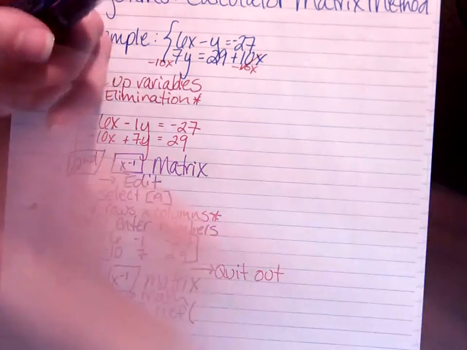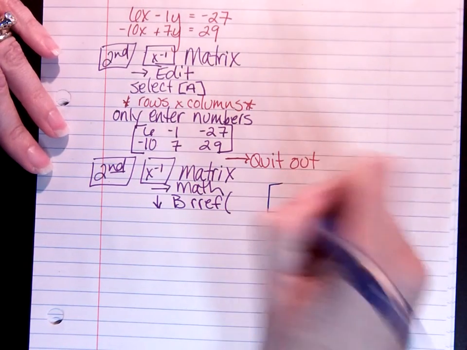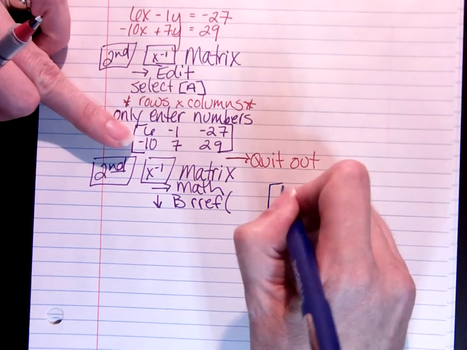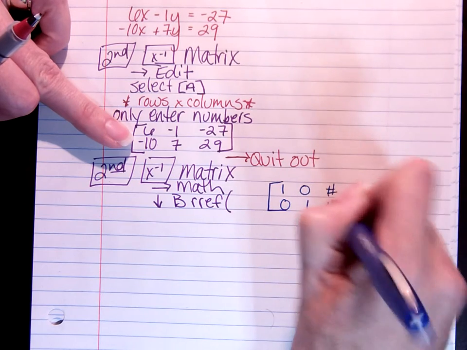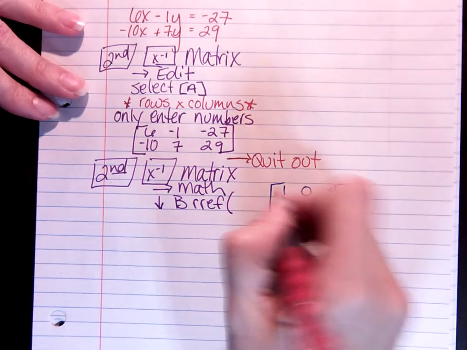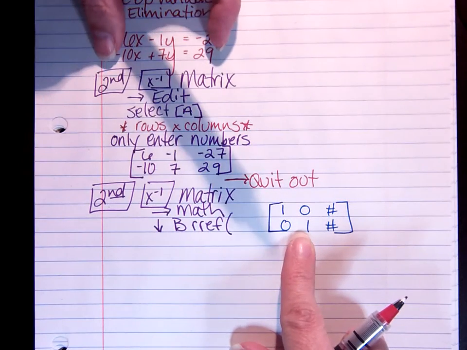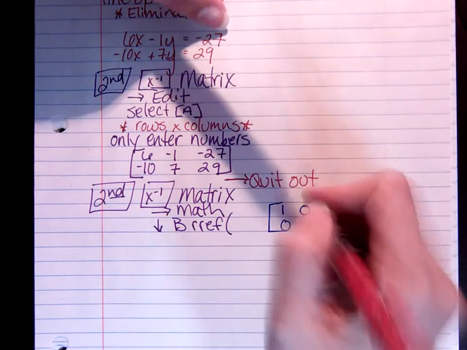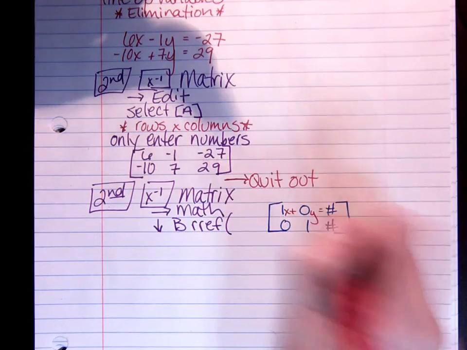Now, when we do that, we're going to get something that is called an identity matrix. And so in ours, since it's set up this way, we're going to see 1, 0, and then some number, and then 0, 1, and then another number. The identity matrix is what you get when all the other operations have been undone, and it literally says, because this matches the same layout, and because we got this from an equation that had x and then y and then our constant, I can read this as 1x plus 0y's equals some number.